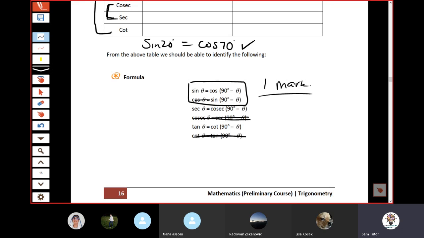That's pretty much what you want to memorize. You just have to memorize one of them. So sine and cos, sec and cosec. The way I remember it, I just said it to you guys: the first one, and then it's cosine, cos, sec, cosec, tan, cotan, which is cot. So those guys are going to work together.